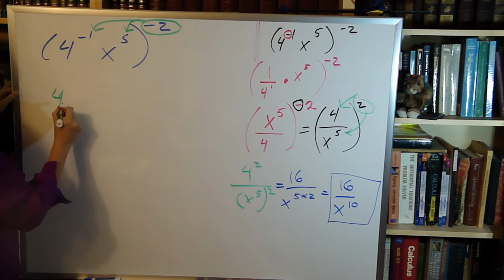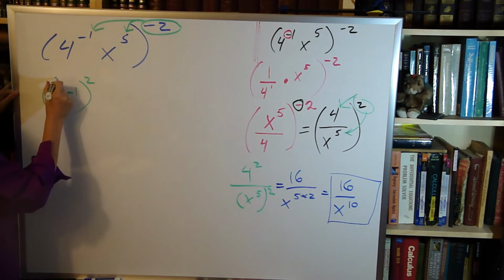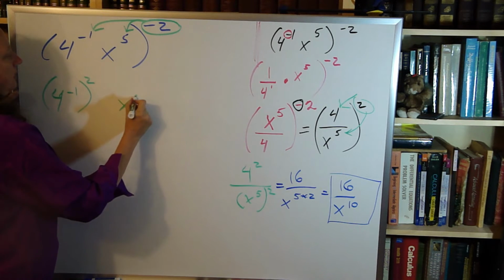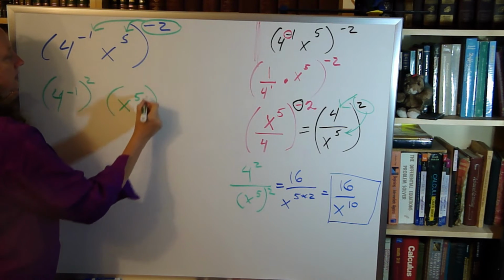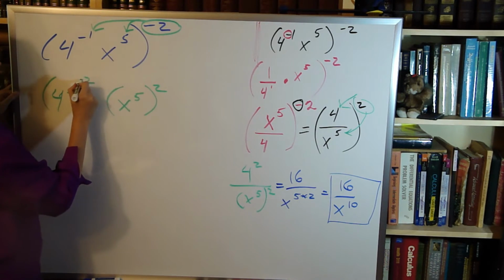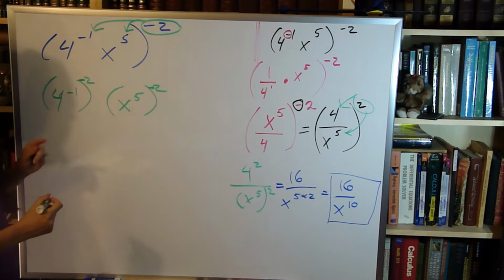So that gives me 4 to the -1 to the -2, and x to the 5 to the -2. I forgot my negative sign. Don't lose your negative signs. They're small, but they're important.